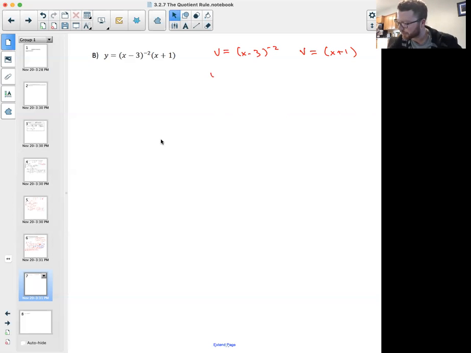So u prime will be -2 x minus 3 to the -3, because we're subtracting 1 from the exponent, and then we're going to multiply that by the derivative of what is inside the brackets, so just 1 here. And the derivative of v would just be 1. And sorry, I should have simplified this before I went. 1 times -2 is just -2.